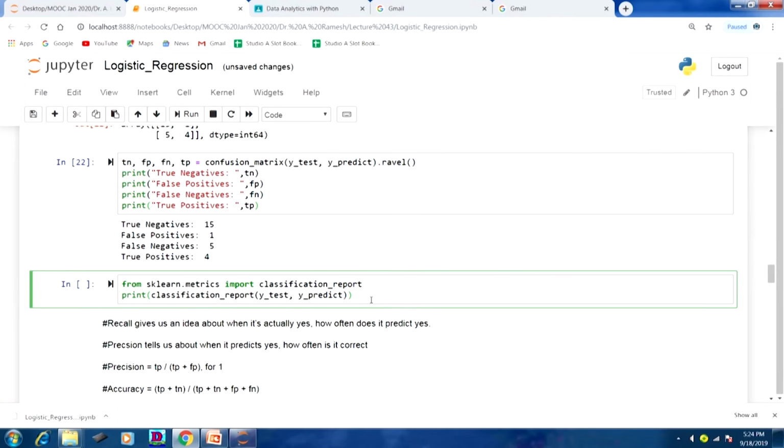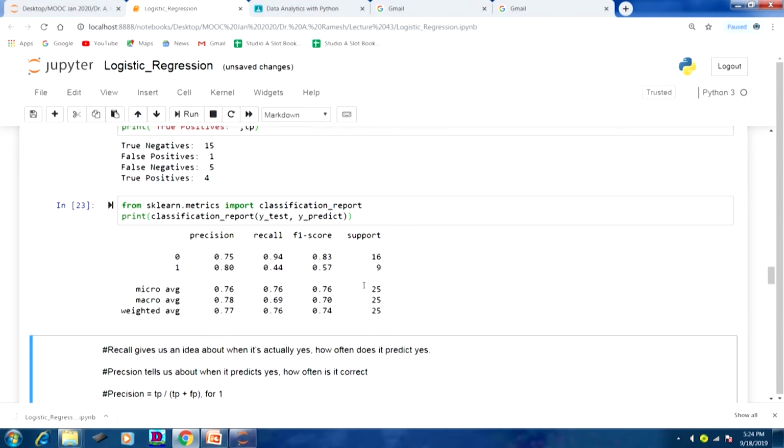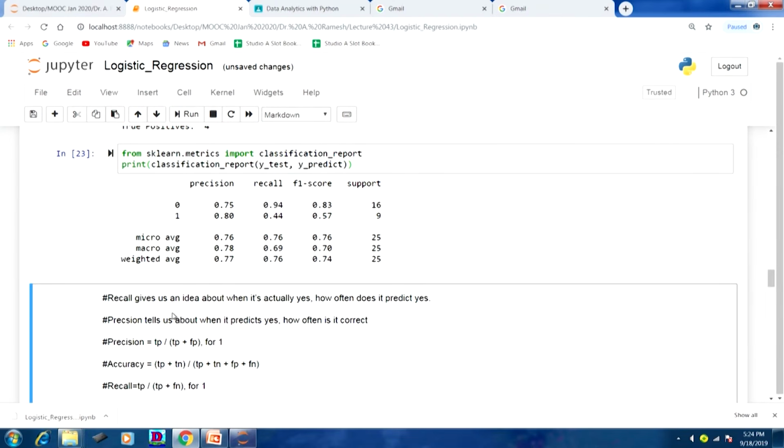Now, we will get to know the classification report. In the classification report, important things you have to remember are the recall and the support. Recall gives us an idea about what is actually yes and how often it predicts yes. The recall value for 1 is called sensitivity, the recall value for 0 is called specificity. The precision tells us when it predicts yes, how often it is correct.